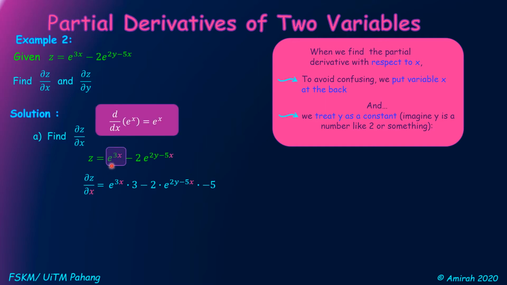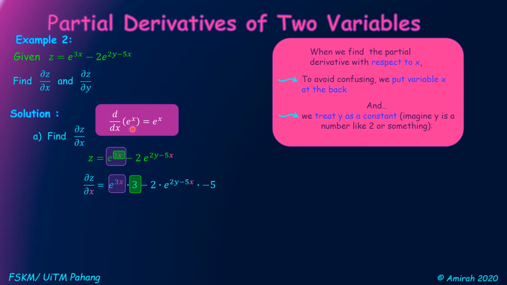When we differentiate e to the power of 3x, we can refer to the derivative of e to the power of a single x, and the answer is e to the power of x, we get back the same. So when we differentiate e to the power of 3x, we get back e to the power of 3x. But after that, we need to differentiate the exponent. We differentiate 3x, so we have 3 here.